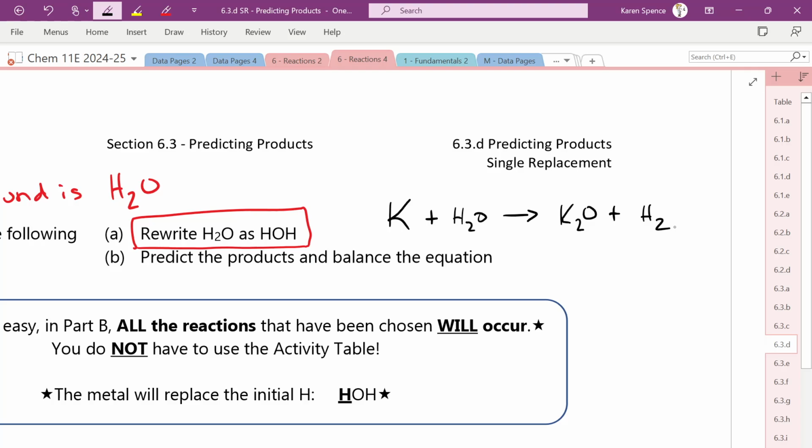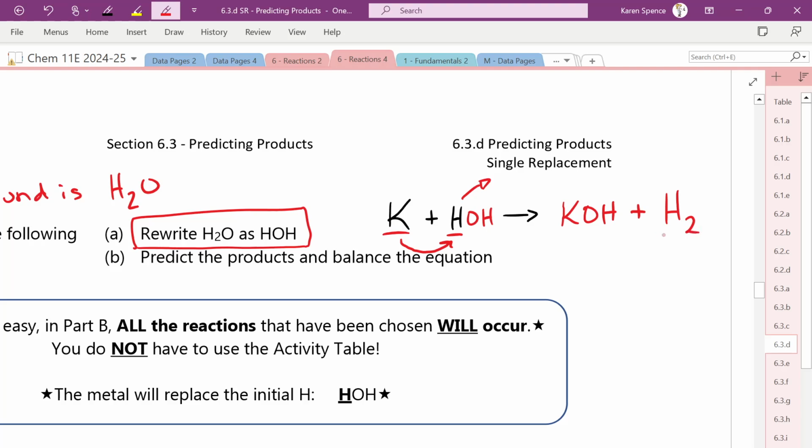Okay? O2 is very unstable in water, and it will rip a bunch of hydrogens off the water. So we don't want that. So we're not going to do that. We're going to instead write it as K plus HOH, and then the K is going to kick the H out. So we will end up with KOH plus H2.